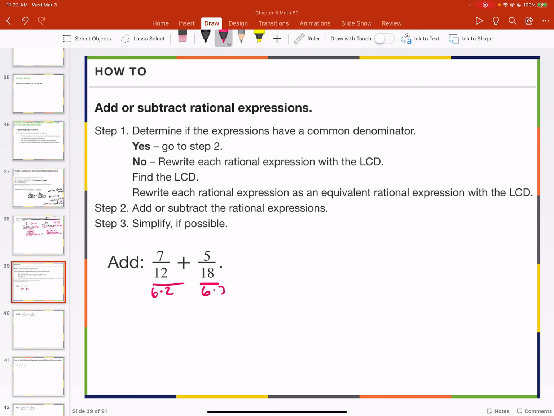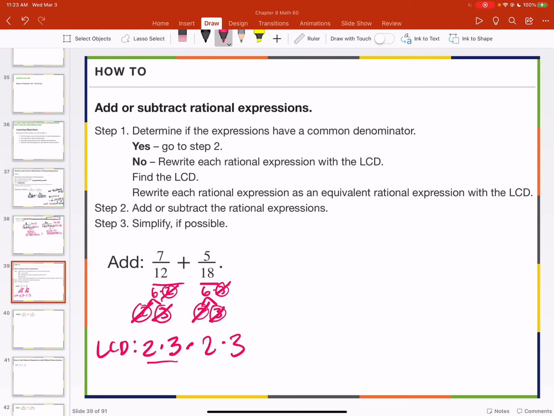Another way to think about it is prime factorization: 12 factors into 2, 2, and 3, and 18 into 2, 3, and 3. For your LCD, the common 2 and the common 3 make your 6 from earlier, times the leftover 2 and 3. And that's it.